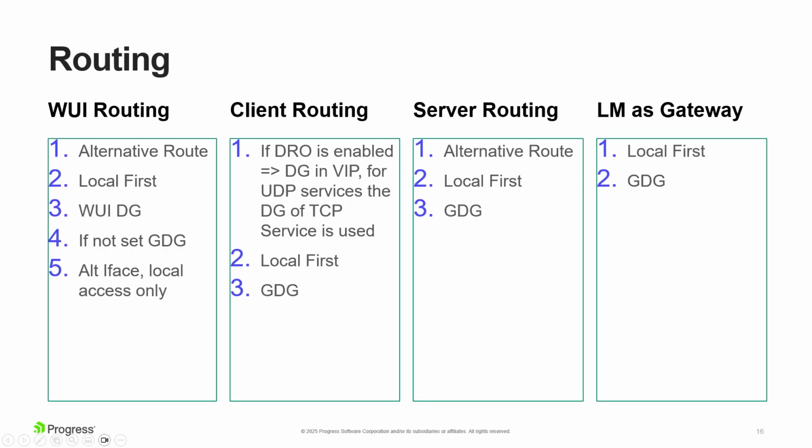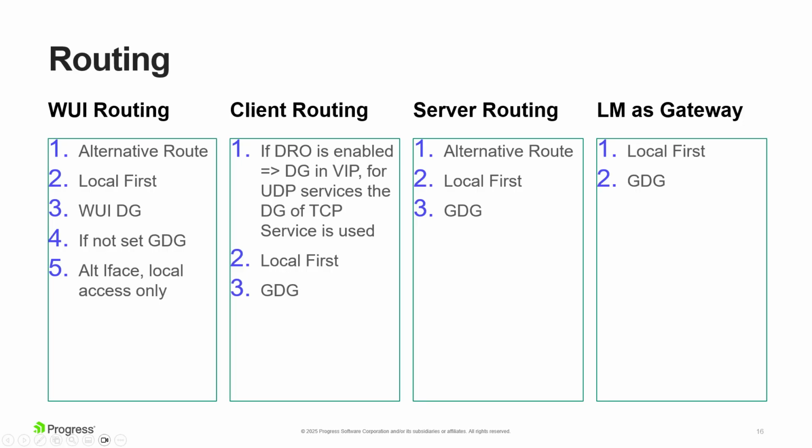So if I set a static route, that has the highest priority, even if it makes no sense. If there's no static route to reach a destination server behind a VIP, I'm obviously using local first. So if I know the server on any of my connected interfaces, I will use that to go to that server. And if none of these 2 apply, then I'm using the global default gateway. This is the hierarchy on the routing performance to get to your target servers.